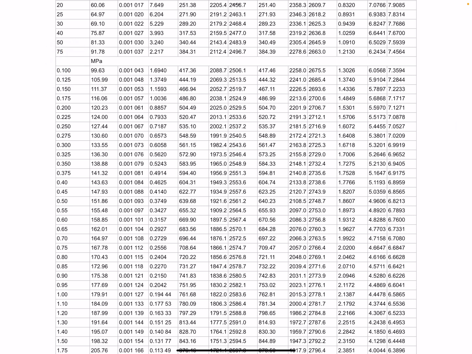And if you're saturated and you're given a pressure, there can only be one temperature that corresponds to, right? That means you're at the saturation temperature, and in this case, the saturation temperature at this pressure is 99.63 degrees Celsius. Okay. We're also told the enthalpies of the vapor phase and the liquid phase as well.